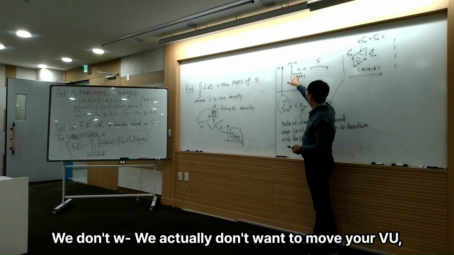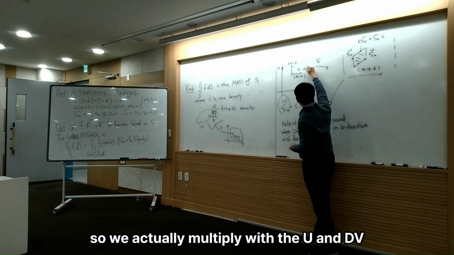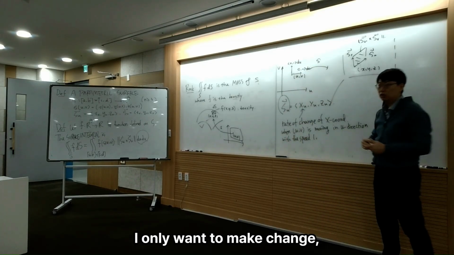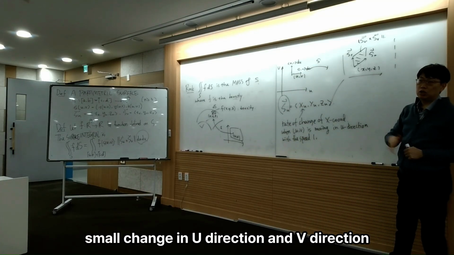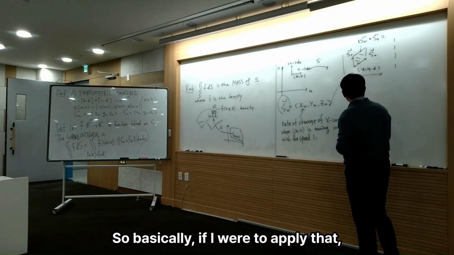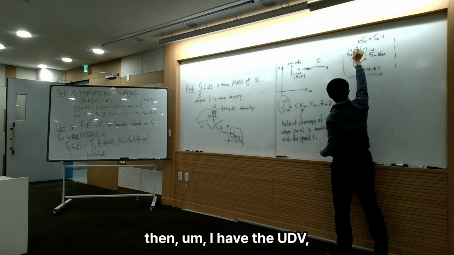So we don't want that. We actually don't want to move your (u, v) this much. So we multiply with du and dv. I only want to make a small change in the u direction and v direction. So basically, if I multiply that, then I have du dv.